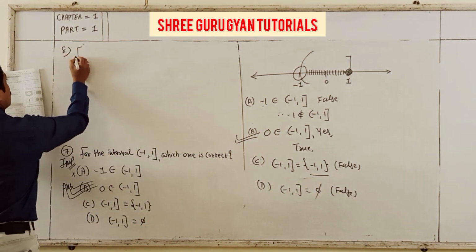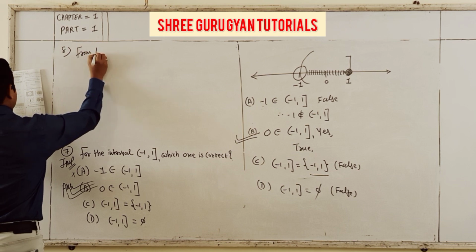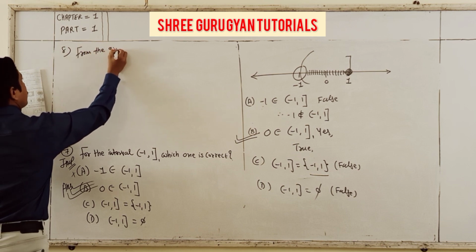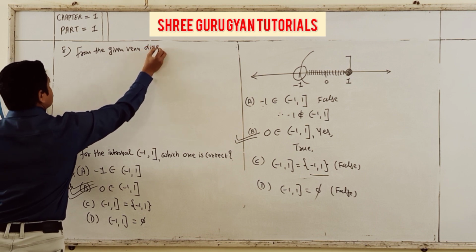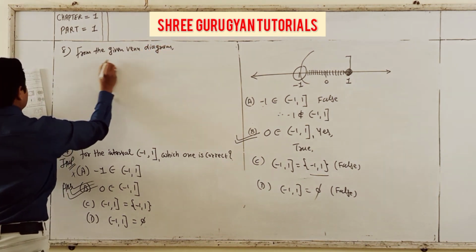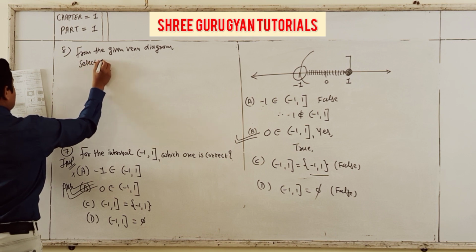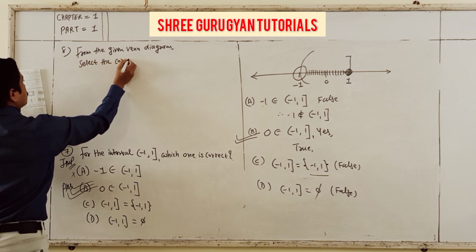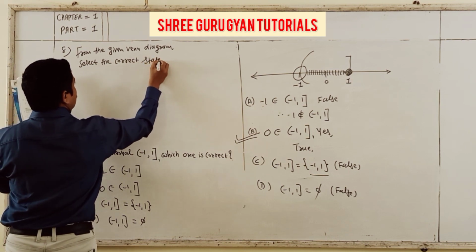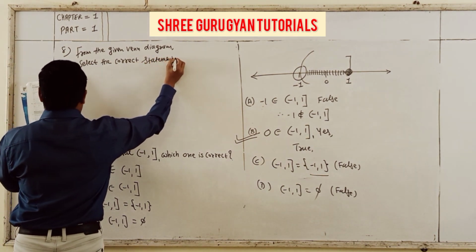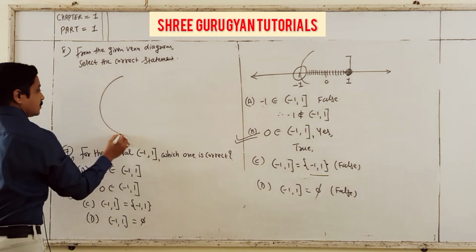Question: from the given Venn diagram, select the correct statement. The drawing is given in your questions.